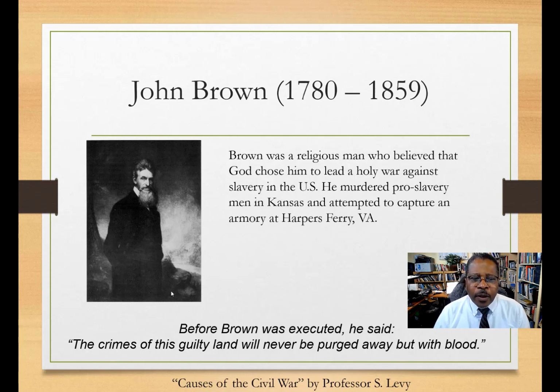But John Brown was a white man from Connecticut. He joined the abolitionists, but you have to remember that in the 1840s and 50s, the abolitionists were committed to ending slavery non-violently, through persuasion, through voting, through petitions and speeches, to persuade people to give up their slaves.